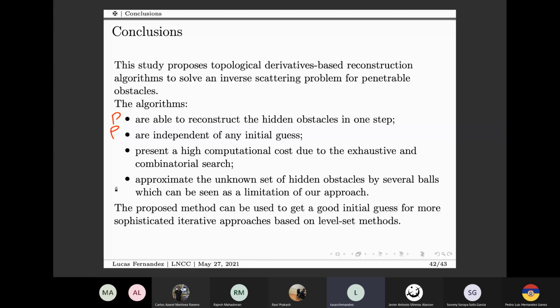So this is a con, and the high computational cost due to the exhaustive combinatorial search is also a con of our algorithm. But despite these cons, we believe our method can be used for supplying a good initial guess for more complex iterative approaches, such as the ones based on level set methods.